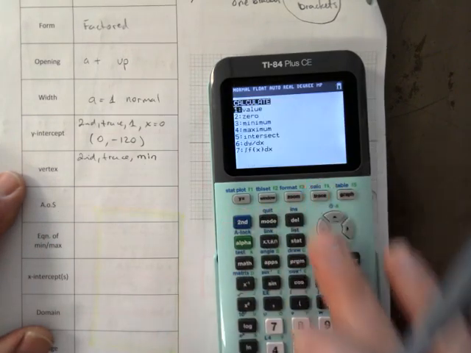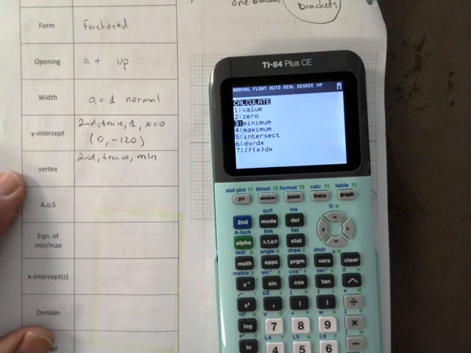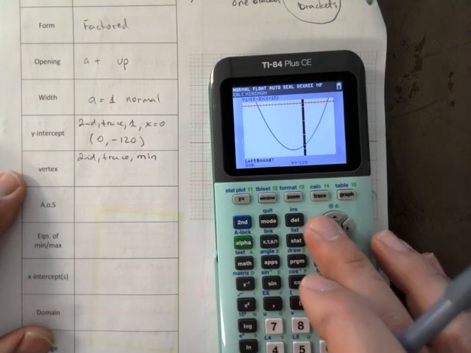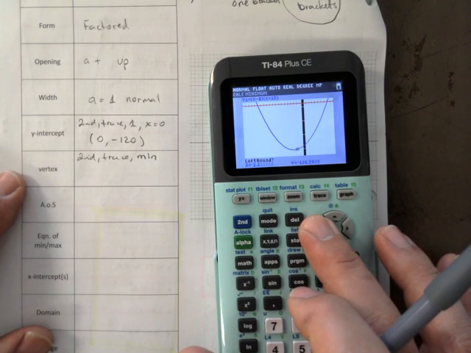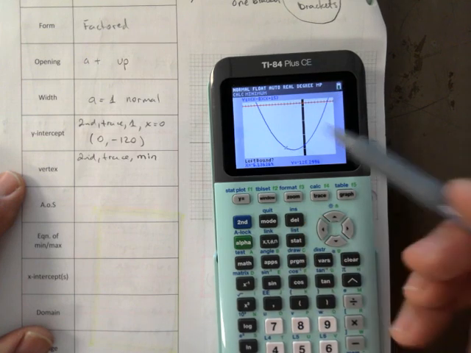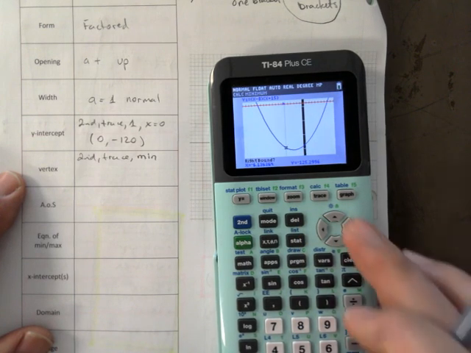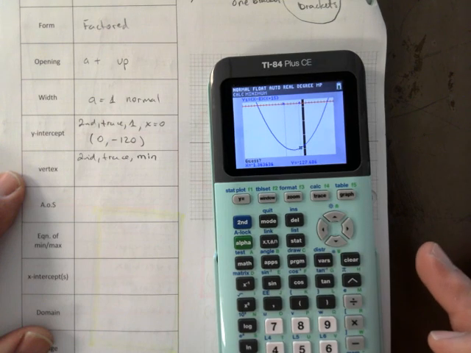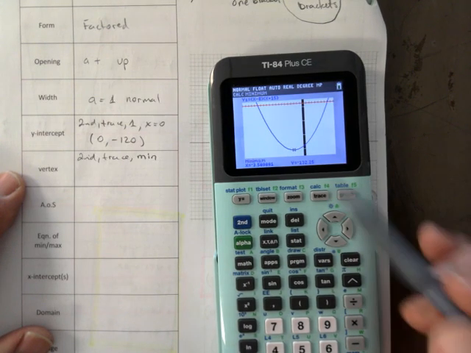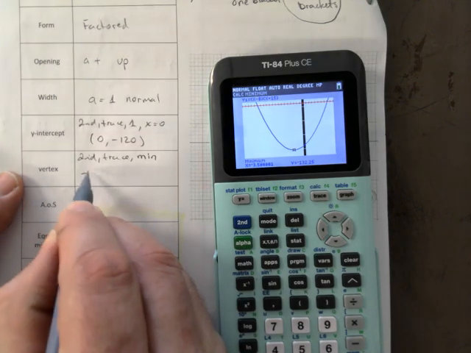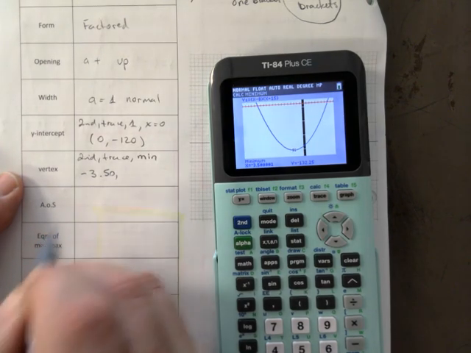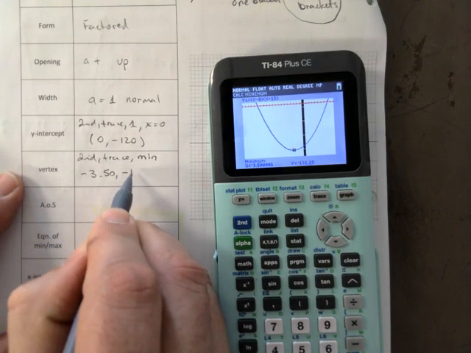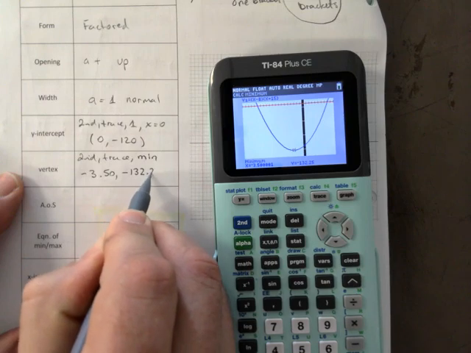So second trace, min. I'm already close to it, so I'm going to go to the left of the vertex, enter. To the right of the vertex, enter. And one more time. So it's (-3.5, -132.25).